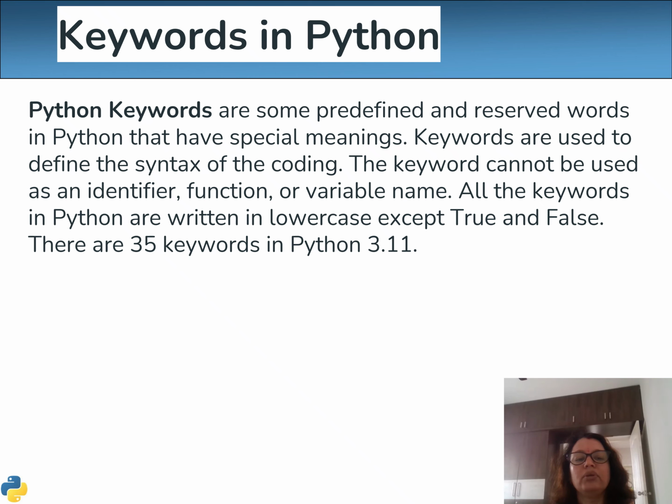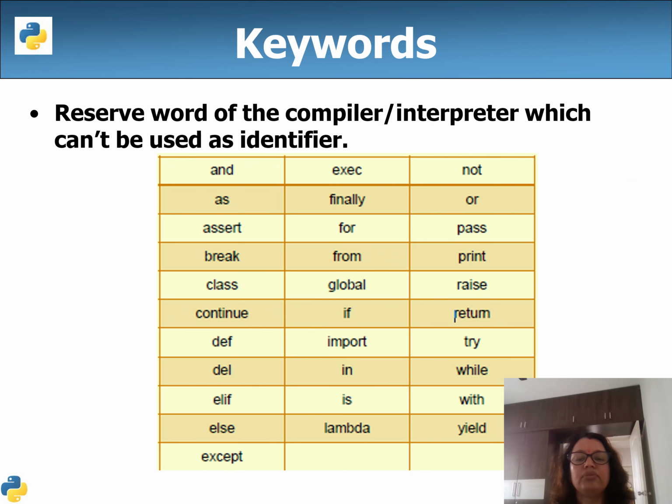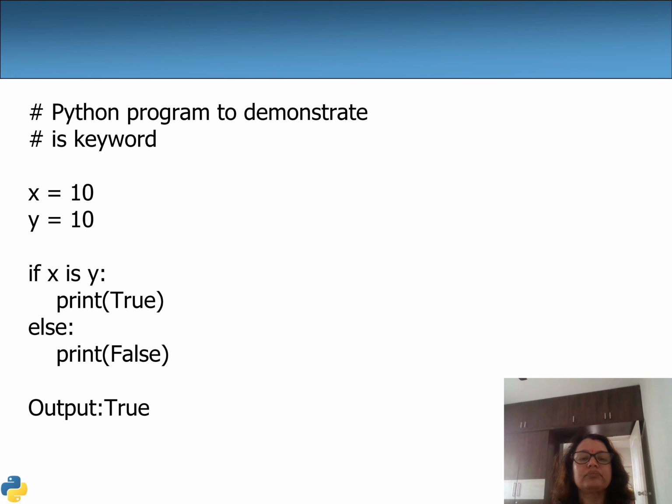A keyword cannot be used as an identifier, neither as a function nor a variable name. All the keywords in Python are written in lowercase except True and False. There are 35 keywords in Python 3.11. These are a few keywords: break, finally, global, if, and so on.